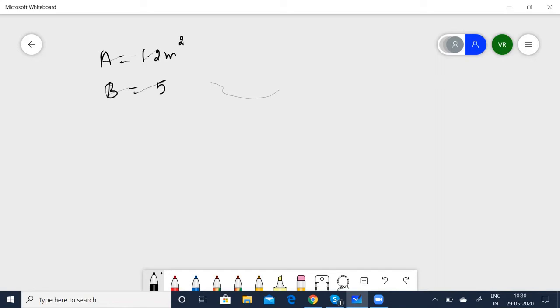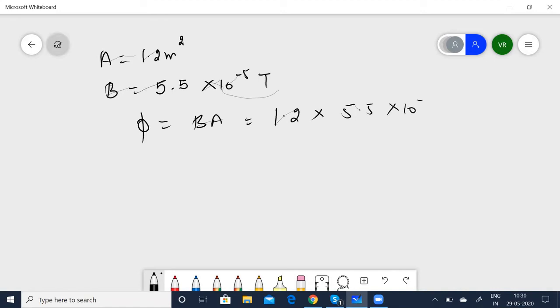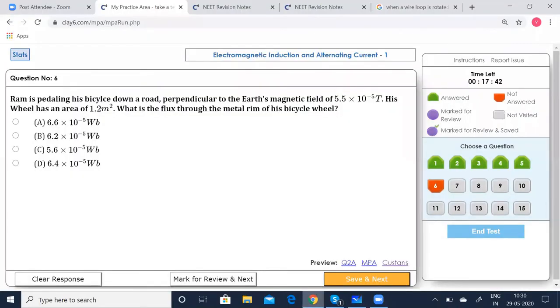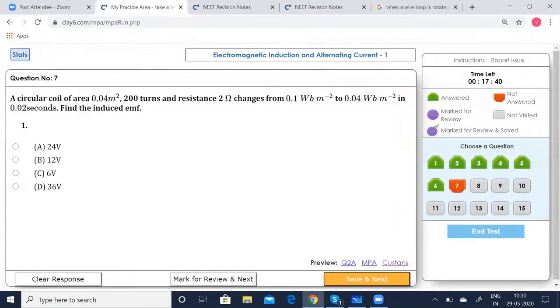B is 5.5 into 10 to the power of minus 5 Tesla. Phi is equal to BA, which is equal to 1.2 into 5.5 into 10 to the power of minus 5. So that gives you 6.6 into 10 to the power of minus 5 Webers. Let's see which option is correct. 6.6. Yeah, option A is correct. Click that, go to the next.